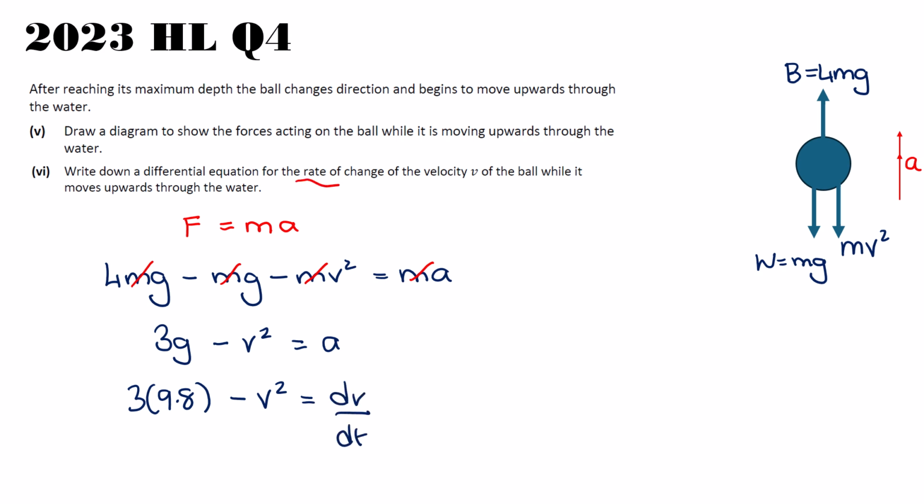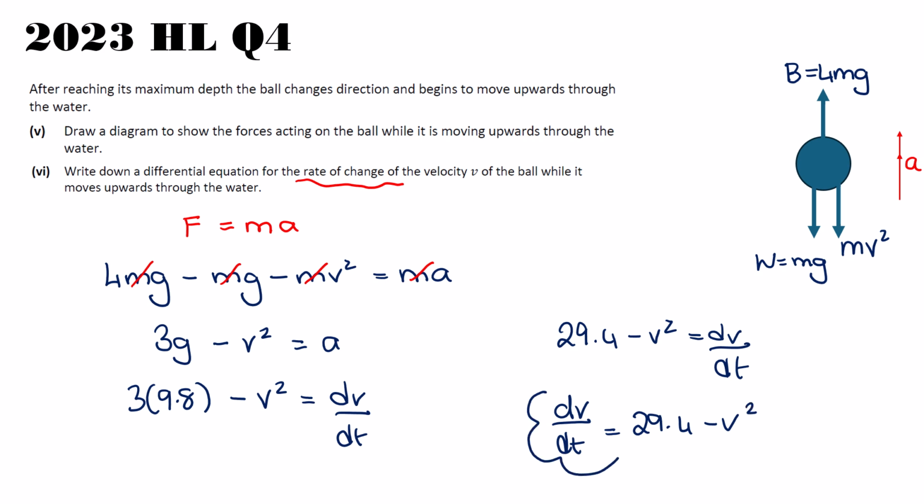So if it said the rate of change of velocity with respect to something, then it might be different. If they just say rate of change, we're talking dv/dt. So we are going to get, change back, 29.4 minus v squared is equal to dv/dt. Or if you want to put that bit first, dv/dt is 29.4 minus v squared.